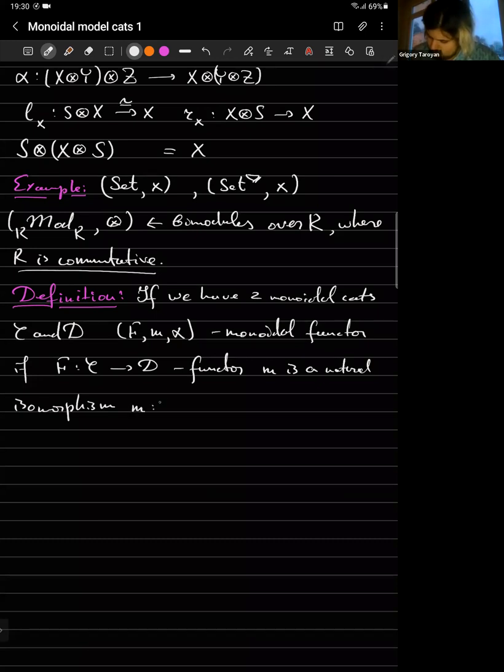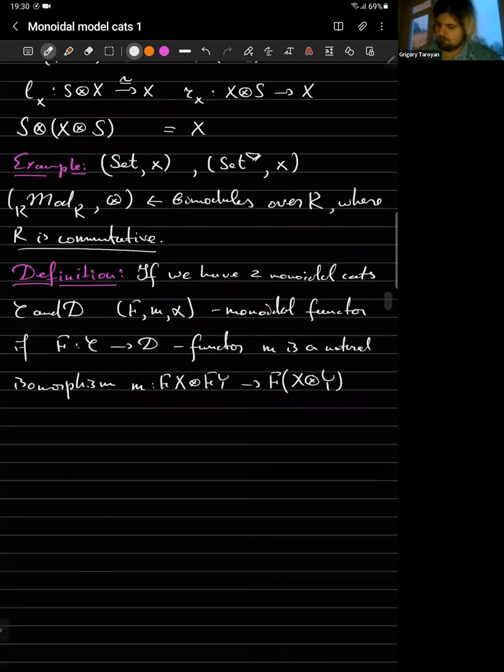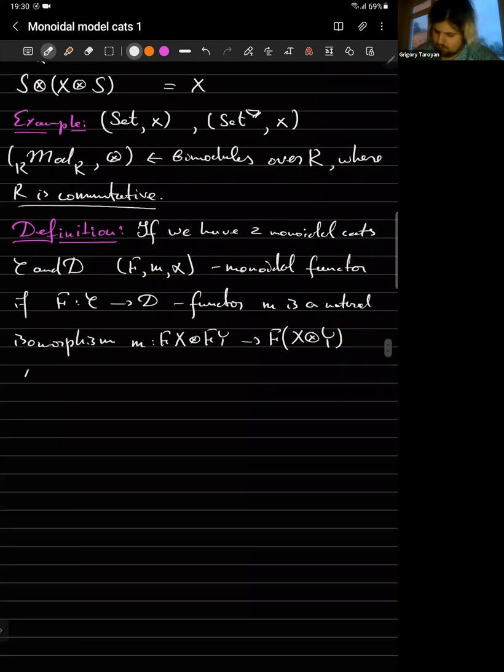And finally, alpha says something about the behavior of unit objects. So actually, f maps unit object in C to a unit object in D. So that's an isomorphism.